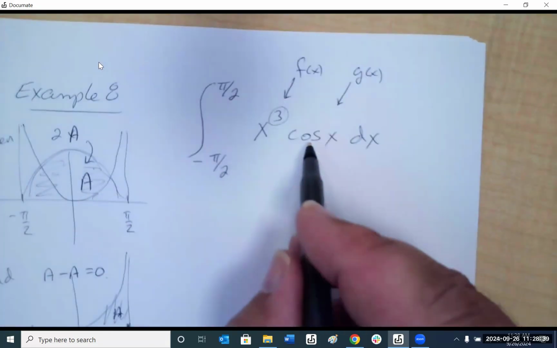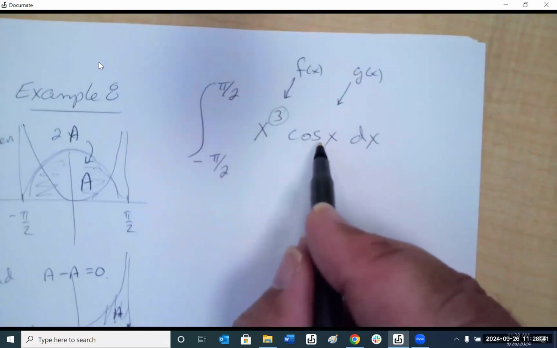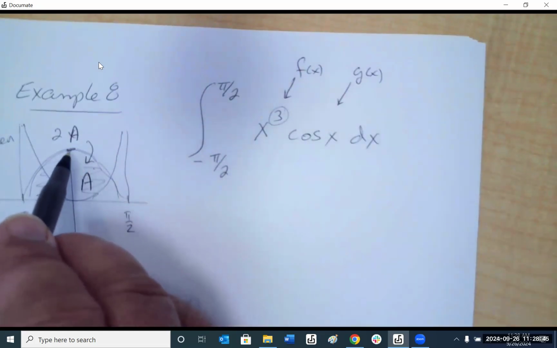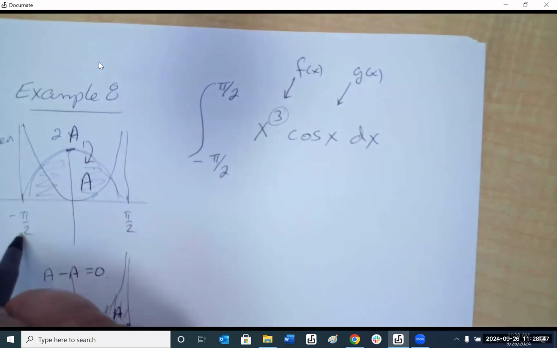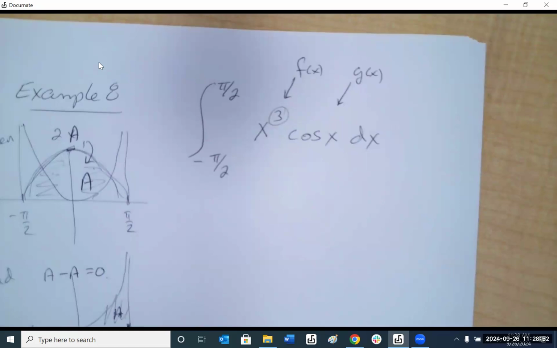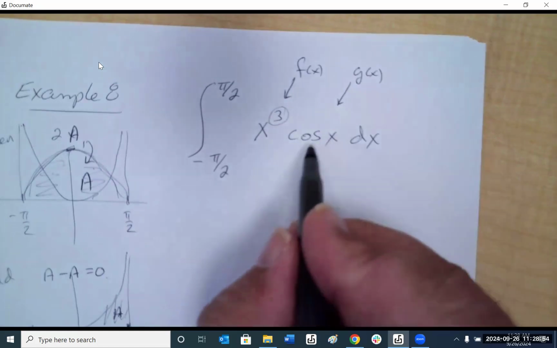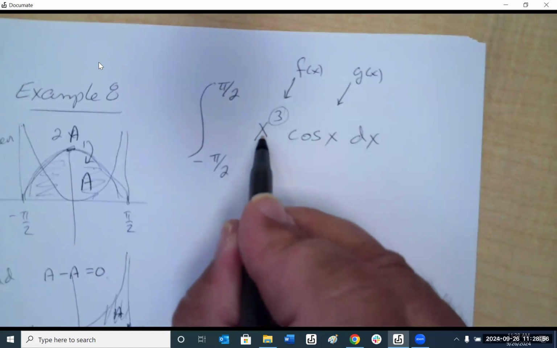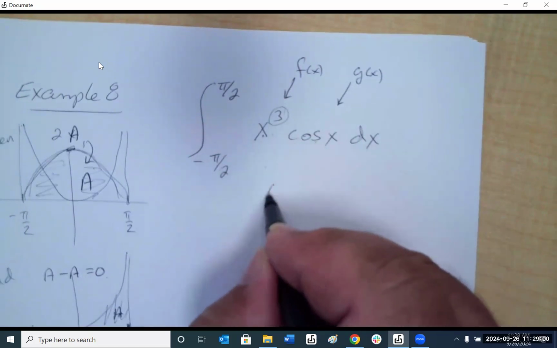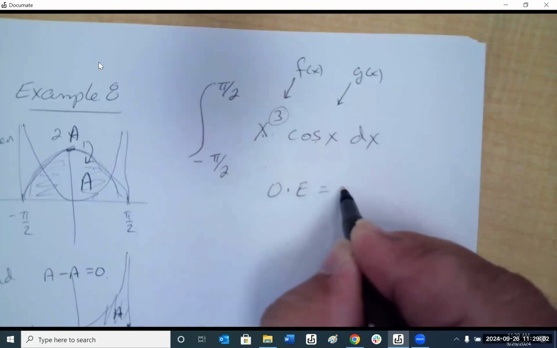Cosine is what? Odd or even? It's even because at 0, it's 1. At pi over 2, it's 0. And at negative pi over 2 it's 0. So odd times even is odd.